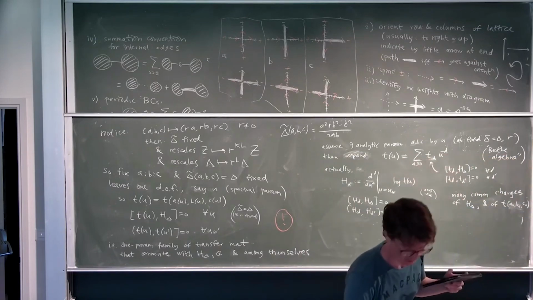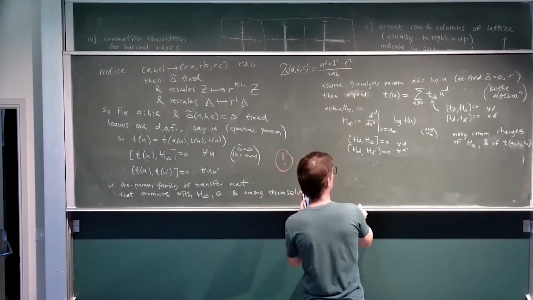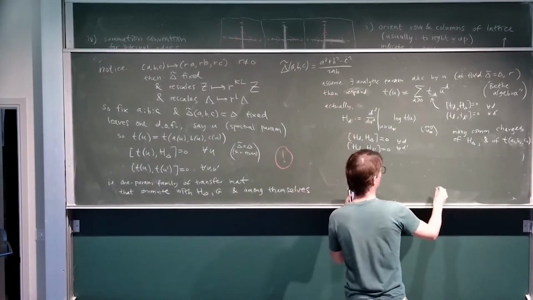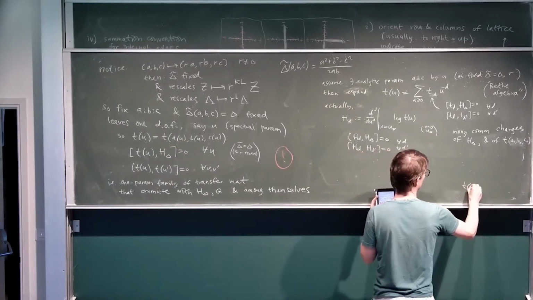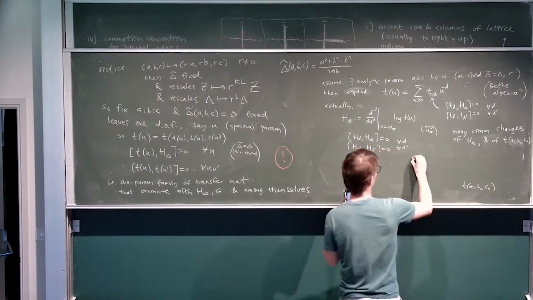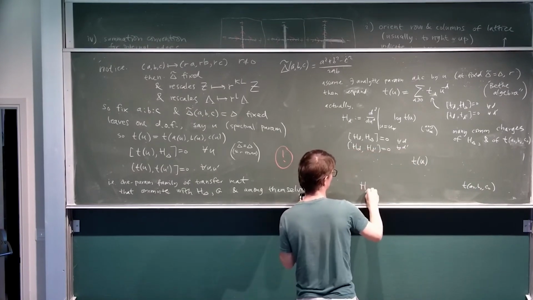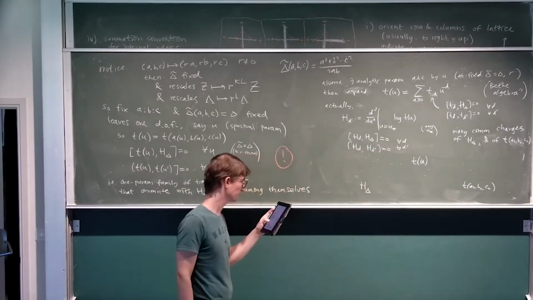So let me just draw, as the very last bit, a little overview. We had our transfer matrix of A0, B0, and C0. Then we had our transfer matrix of any value of U, and then we had our XXZ spin chain, H delta.